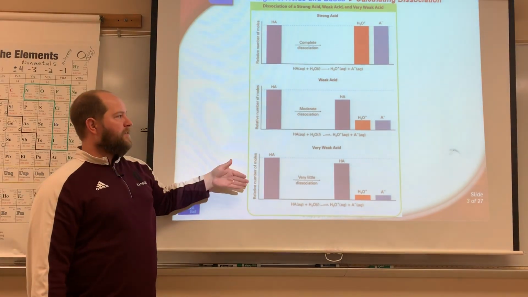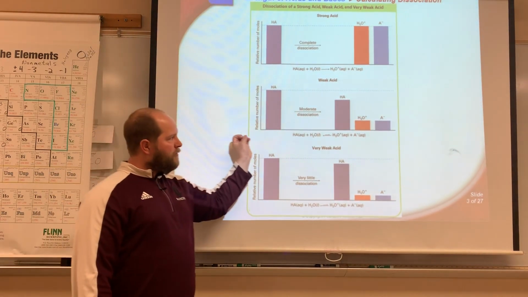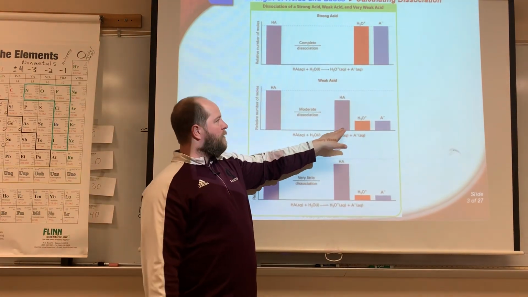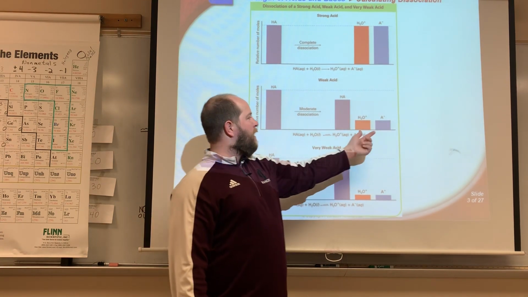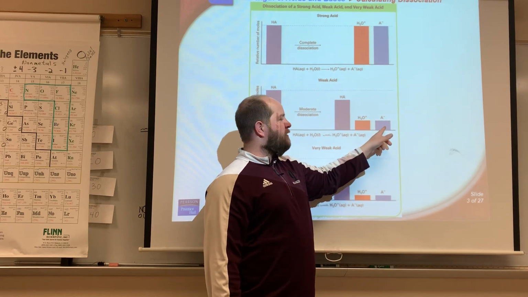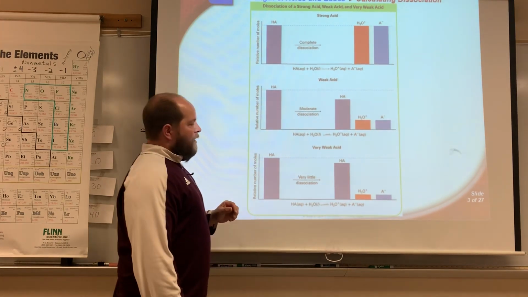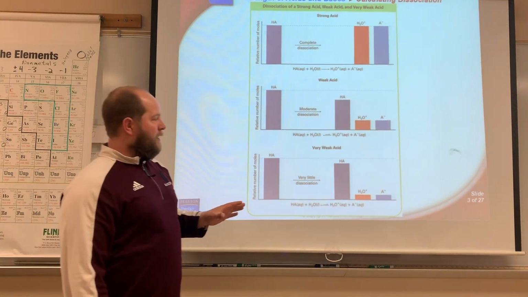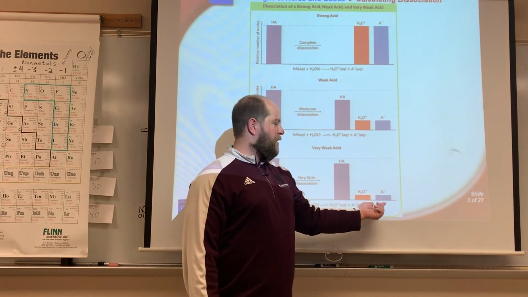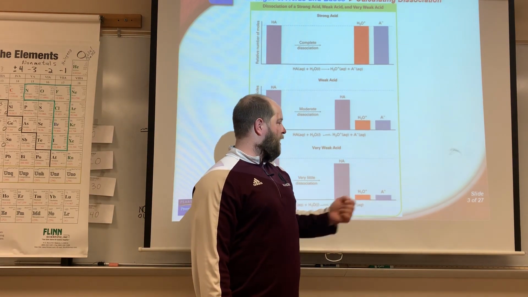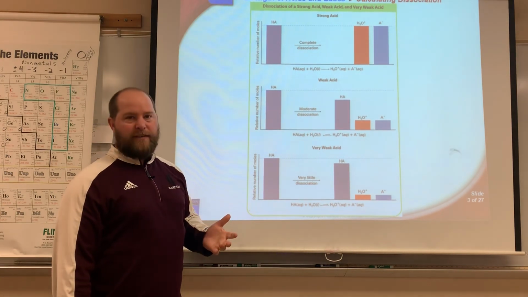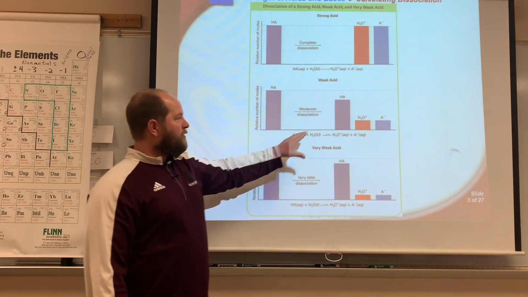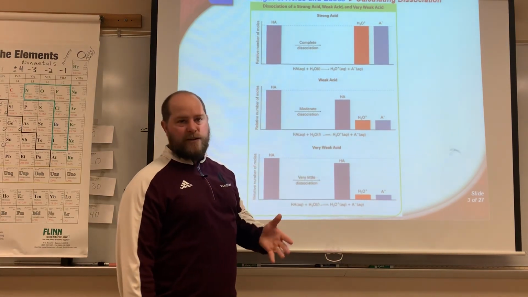For weak acids, when it dissociates, you still have a lot of the acid, and then you have a little bit of the H+ and the anion. For weaker acids, you have very little of it ionized, and you still have a lot of the original acid in its form.